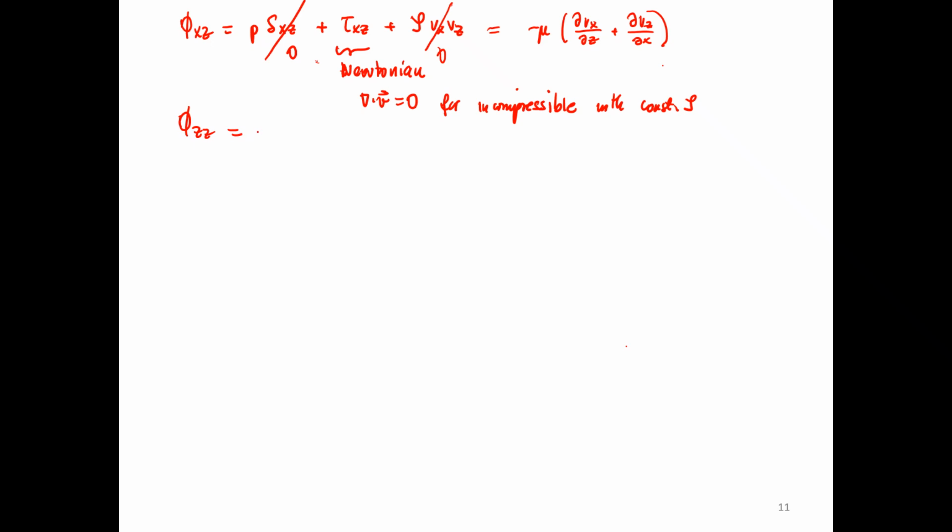It's p delta zz. Delta zz is now a 1, because I have a normal component, plus tau zz plus rho vz, which is vz squared, really.